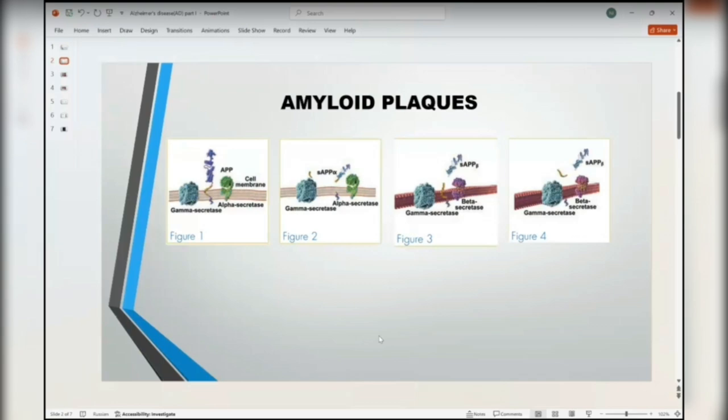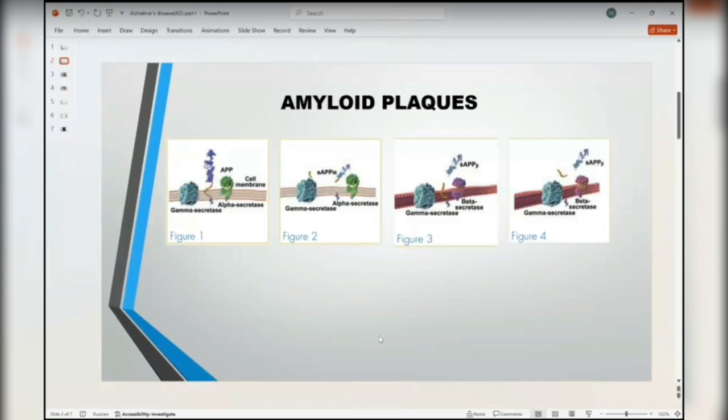So, in figure 2, the remaining amyloid precursor protein fragment, still tethered in the neuron's membrane, is then cleaved by gamma secretase at the end of the beta amyloid segment. The smaller of the resulting fragments is released into the space outside the neuron, while the larger fragment remains within the neuron and interacts with factors in the nucleus.